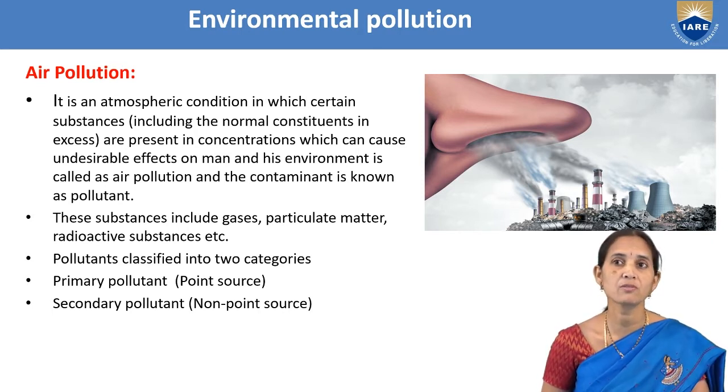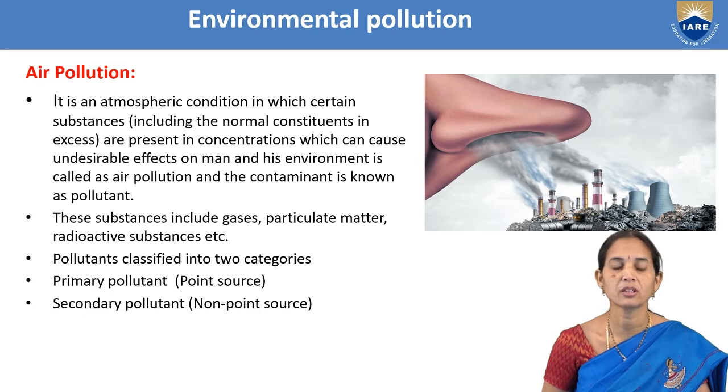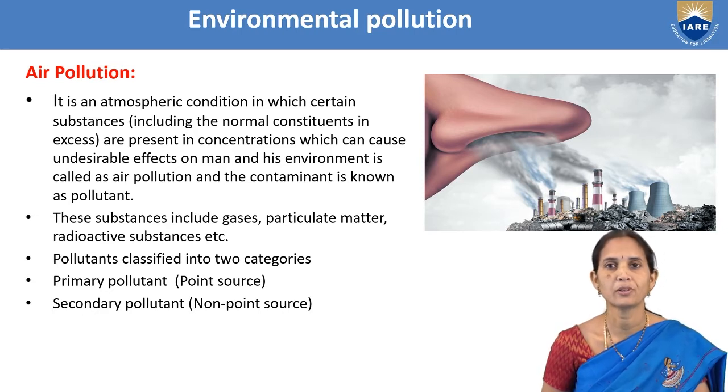So air pollution is an atmospheric condition in which certain substances are present in concentrations which can cause undesirable effects on man and his environment. That contaminant is known as a pollutant.